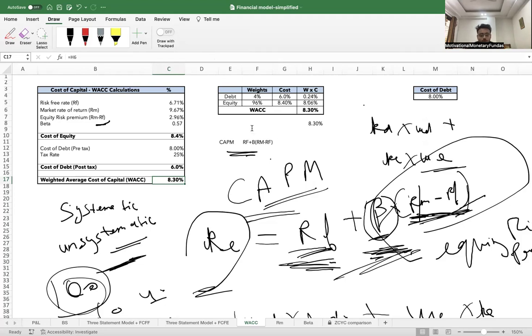Anybody, any questions? Equity, we are expecting the return after considering systematic risk. Yes, Naveen, you are right. Perfectly, you got the point.